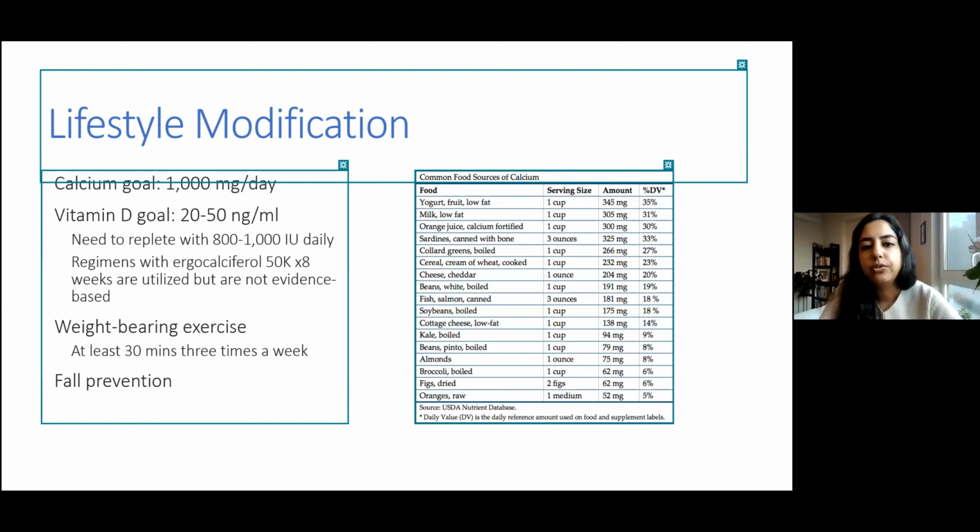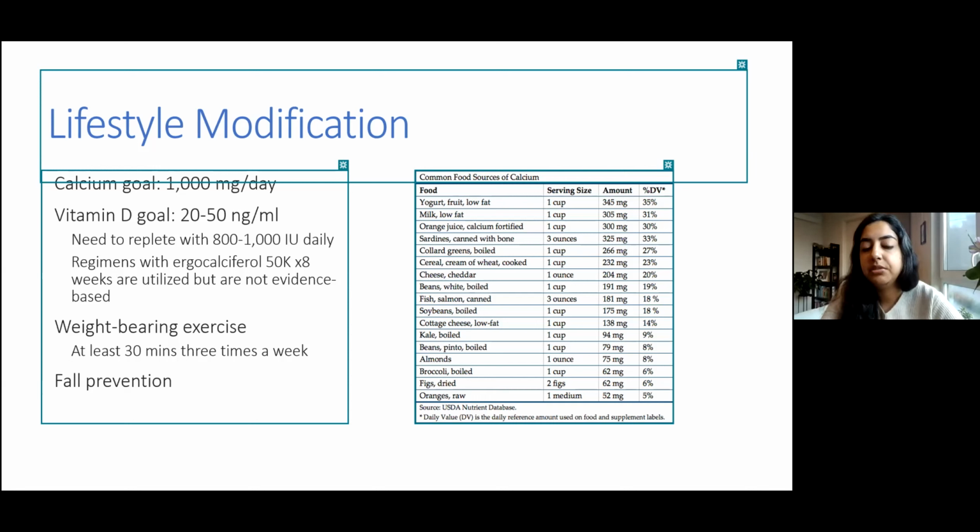So the goal for calcium intake is 1 gram to 1.2 grams a day. And certainly eating more yogurt is a reasonable recommendation to make for your patient. But there are other sources of dietary calcium that you can recommend for patients. And there are these great USDA lists that show calcium content in food.